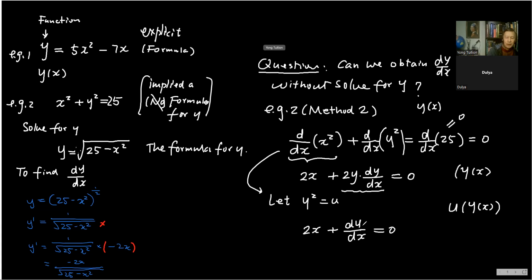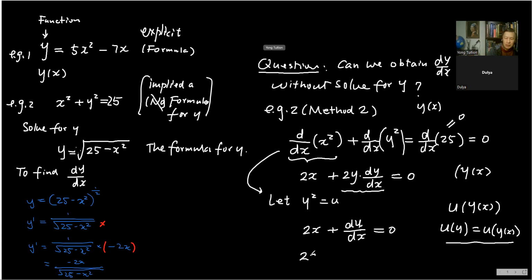And we also know u is a function of y, and y is a function of x. Okay. That makes sense now. So therefore, whenever you see this term, we have used the chain rule.